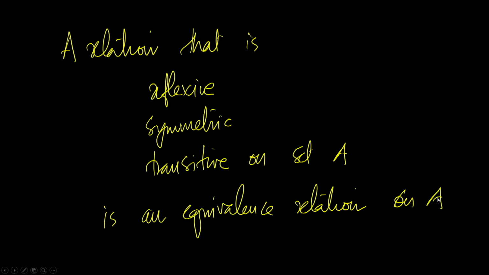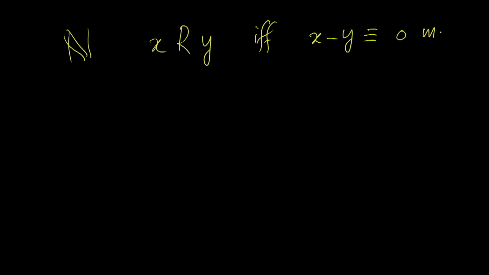As an example, consider a set of natural numbers, and let us say two numbers are equivalent, that is two numbers are in relation R, x R y, if and only if x minus y is 0 mod 3, which means 1 R 4, 4 R 7, 7 R 10 and so on.